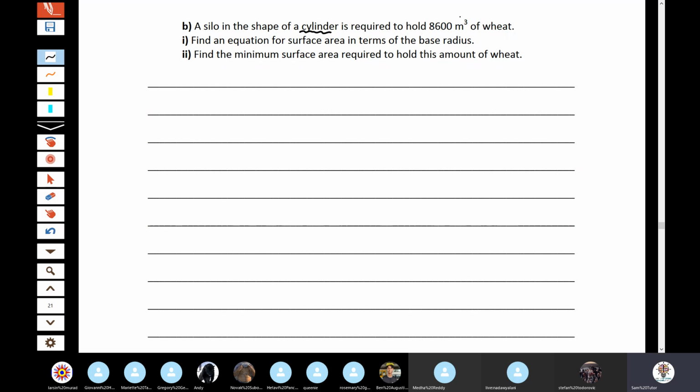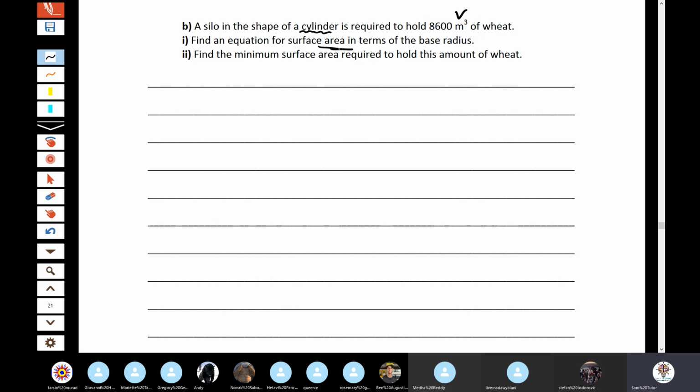Cylinder always is there. Volume, and there's one more. Radius is always there anyway, isn't it? Like you're going to use that in terms of the base radius. That means it has to all be R. That's the word. Area.